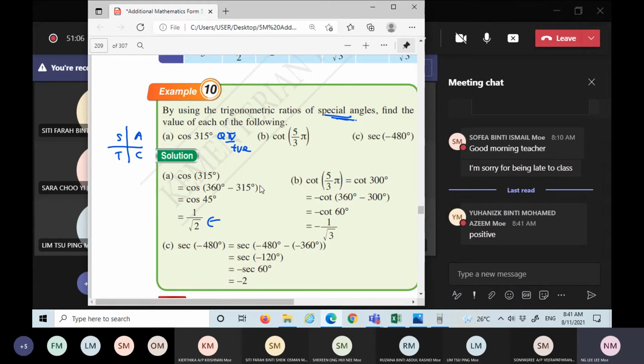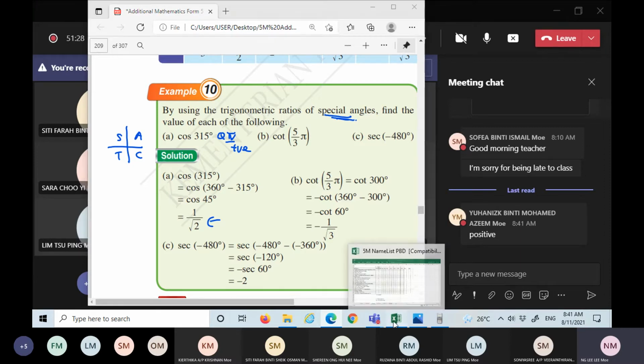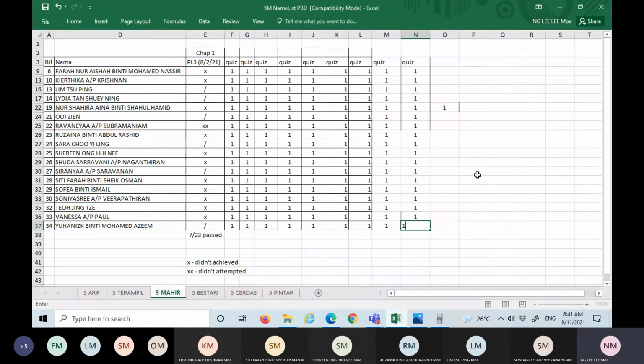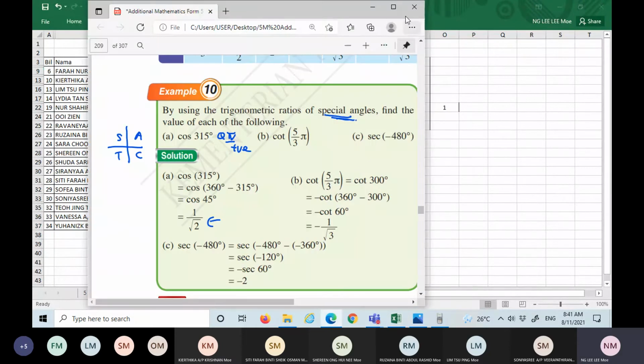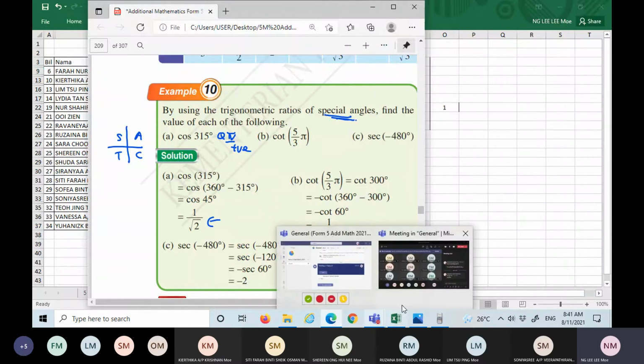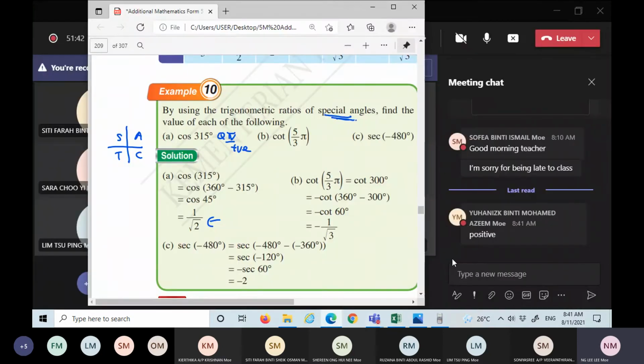Next, I want to find the reference angle for 315, which is in the fourth quadrant. What method do I use? You have to write out 180 minus theta, or theta minus 180, or 360 minus theta, or whatever. Who is the next girl? I think the first girl. Okay, Farah. Tell me how to do it. How to get the reference angle of 315.